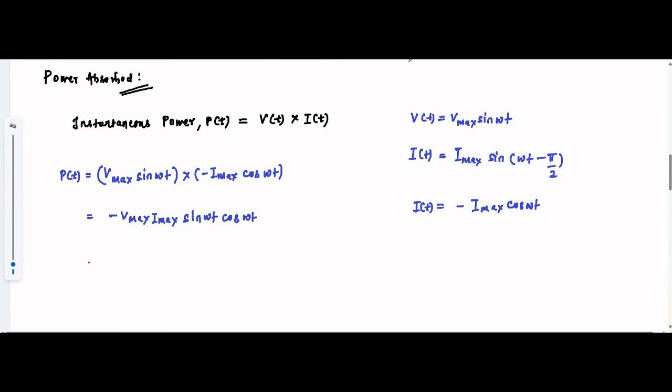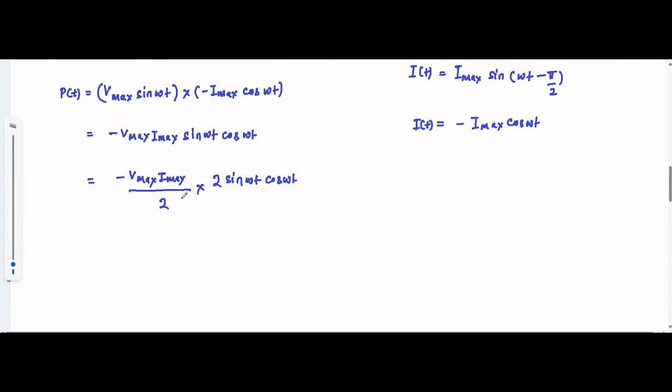So here what we'll do, it will be equal to minus Vmax Imax by 2, and here we'll multiply by 2 as well, 2 sin omega t cos omega t. We divided and multiplied by 2. So here we get minus Vmax Imax by 2 sin 2 omega t.